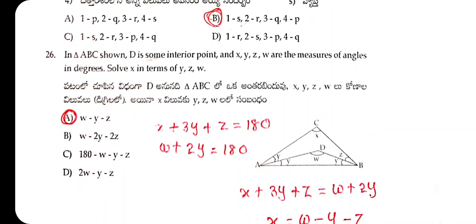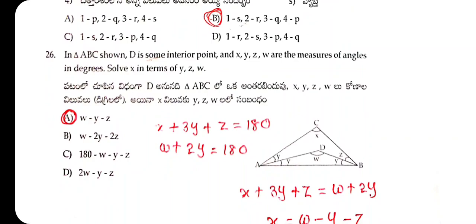In this triangle, D is the interior point, and x, y, z, w are the measurements of the angles. Then find x in terms of the remaining. See here, we have two triangles, a big triangle and a small triangle. In the big triangle, x plus y plus y plus y plus z, means x plus 3y plus z is equal to 180. In the small triangle, w plus 2y is equal to 180.